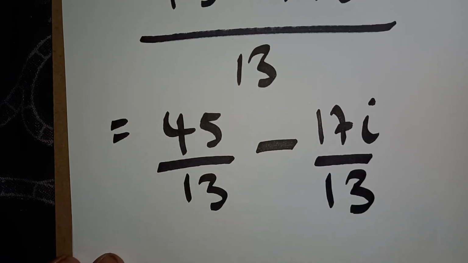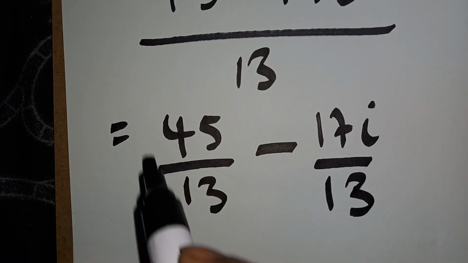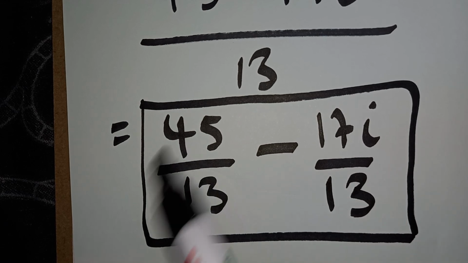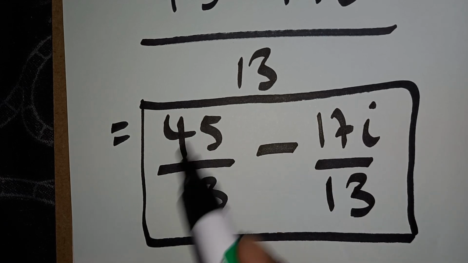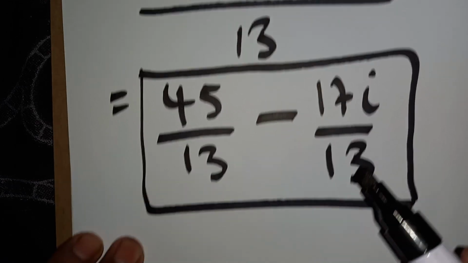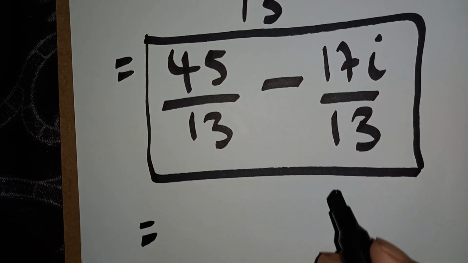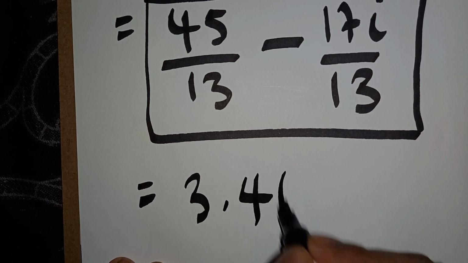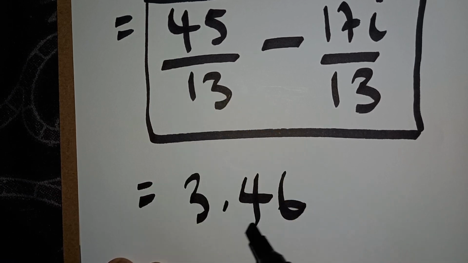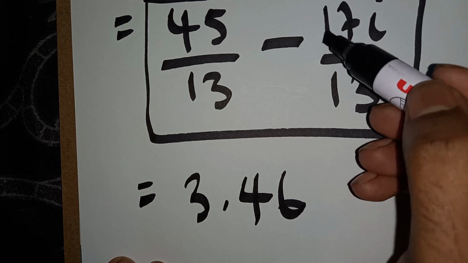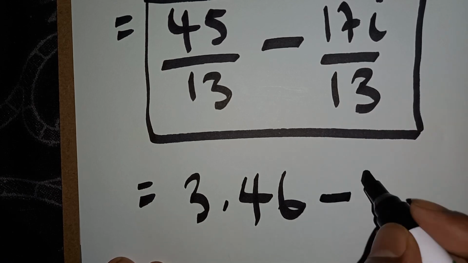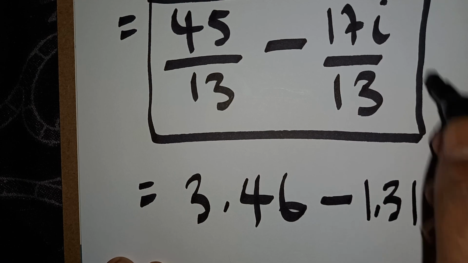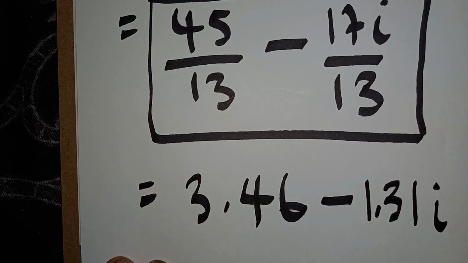Okay, so that is your final answer, right? I don't think there is a simpler fraction for this. This is the simplest fraction, and if you want to write it in decimal, 45 over 13 is the same as 3.46, and 17 divided by 13 is the same as 1.31, and then of course the i will come there.